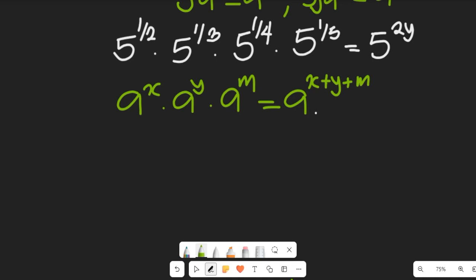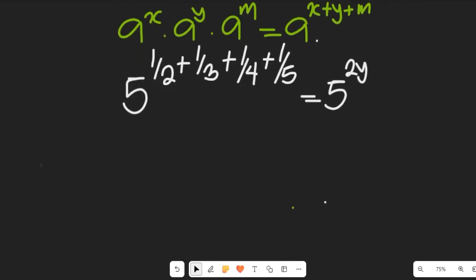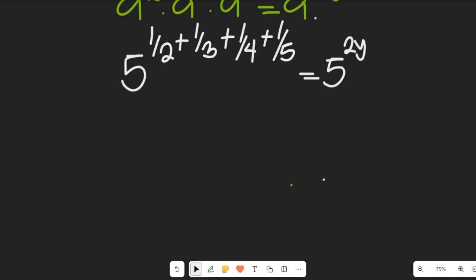So that expression can now become 5 to the power of 1 divided by 2 plus 1 divided by 3 plus 1 divided by 4 plus 1 divided by 5, and all these will be equal to 5 to the power of 2y. Now let's expand the exponent.